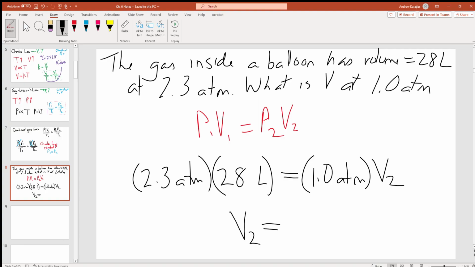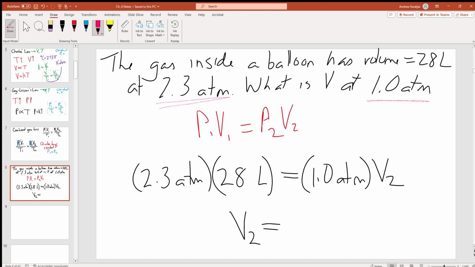And before we ever put anything into our calculator, we always want to think about, does the answer we get when we do this calculation make logical sense? And so in this case, what's our change? Our change is in pressure.